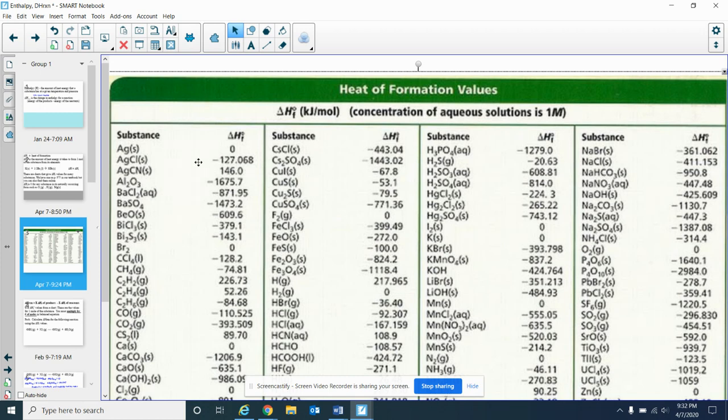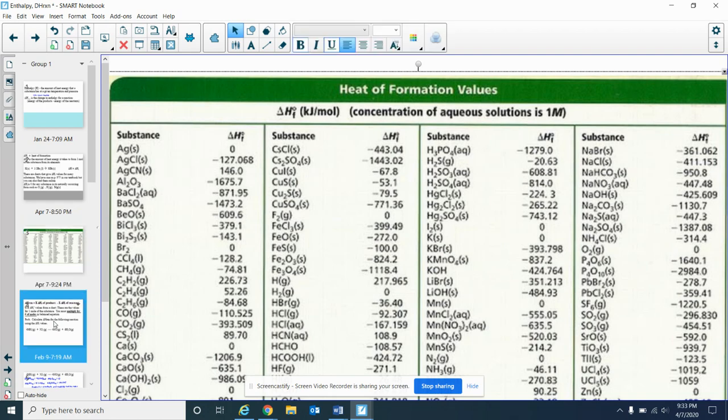So the negative values, as before, mean that much heat is given off. The positive values mean that much heat is put in when 1 mole of it is formed. So we'll use this chart to look up the values for our products and reactants, and then we will be able to calculate for reactions how much heat overall is either taken in or given off by that reaction.